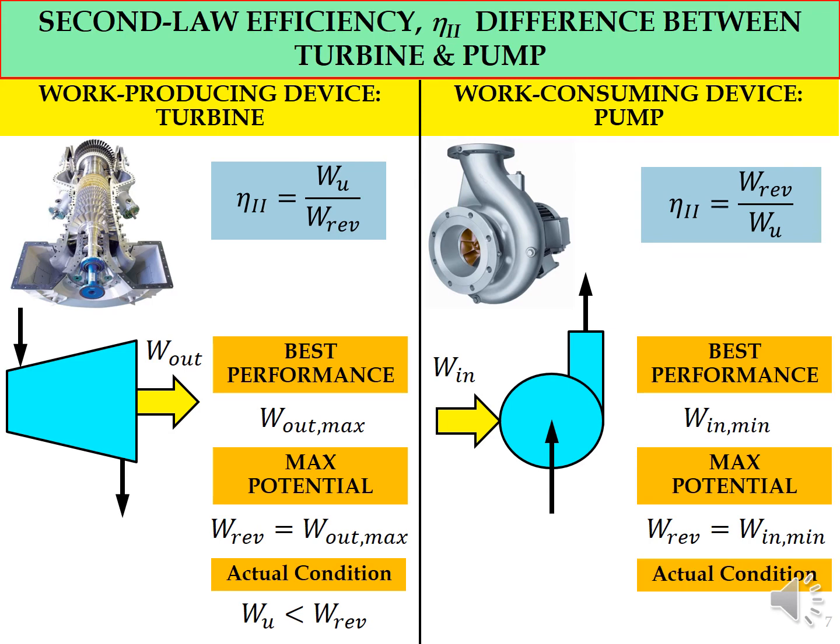However, in actual conditions, since we have losses, the useful work will be larger than the reversible work. So this is the difference between these two systems, although they look almost similar. For the work producing device the work that we want is the work output, whereas for the work consuming device the work that we want is the work input with the minimum value. So there is a difference in the calculation of the second law efficiency.